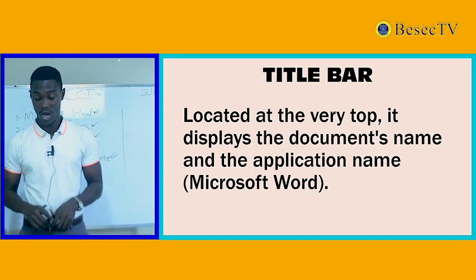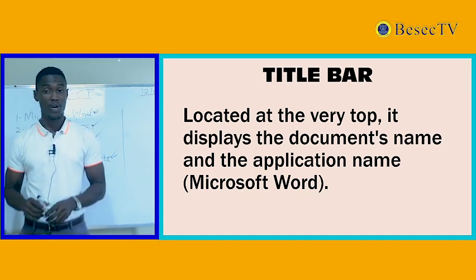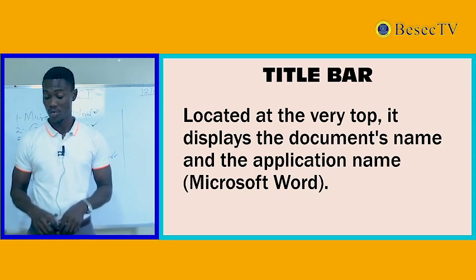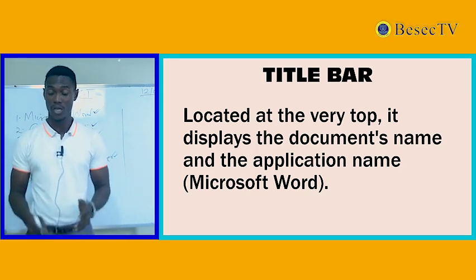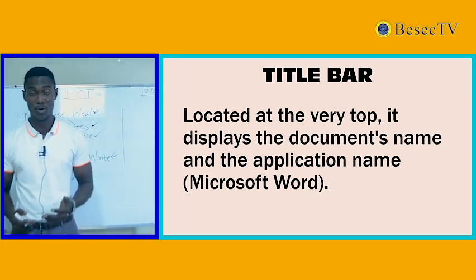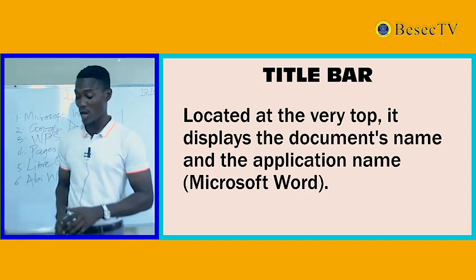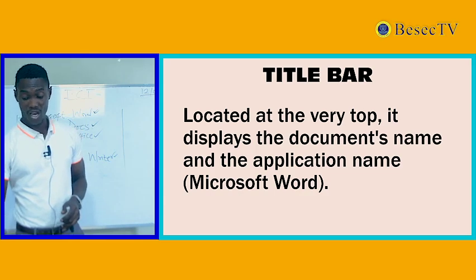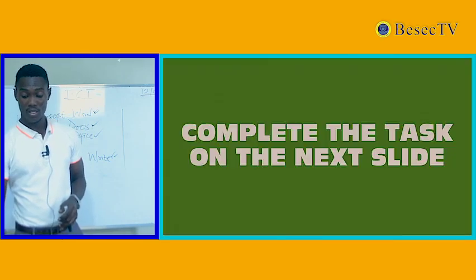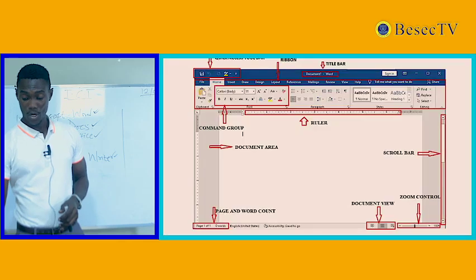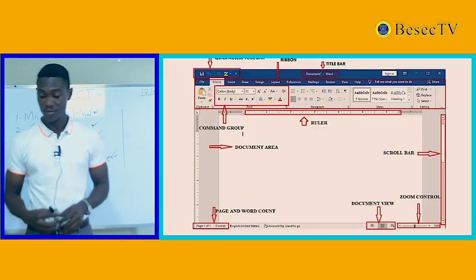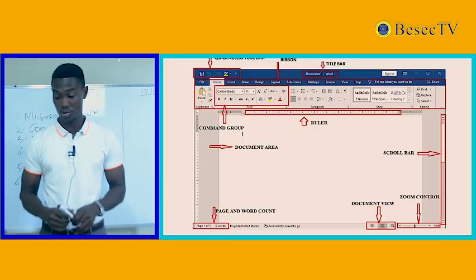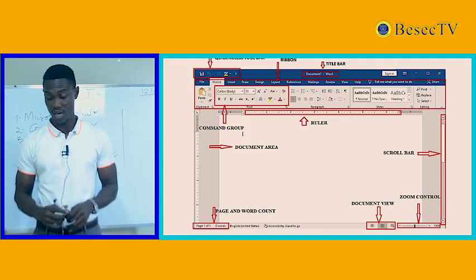So as I already told you, whatever we'll be treating is going to be based on what? Microsoft Word. And on the Microsoft Word window, we saw that the title bar was at the very top of what? The window. And as you can see, I'm back to my diagram again.